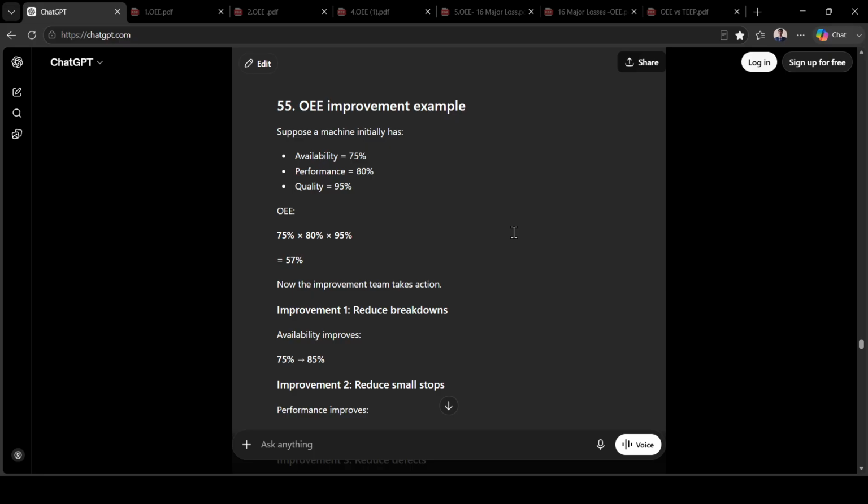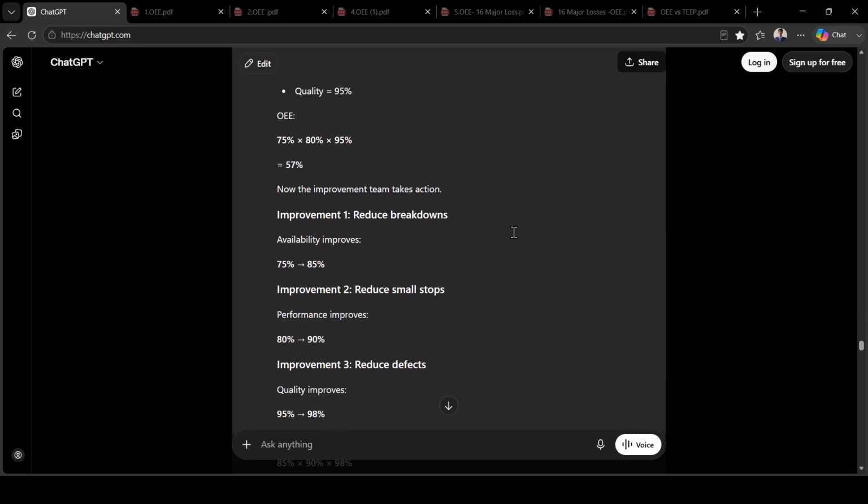Now the improvement team takes action. Improvement 1, reduce breakdowns, availability improves from 75 to 85%. Improvement 2, reduce small stops, performance improves from 80 to 90%.